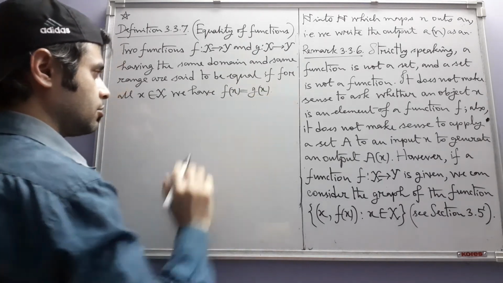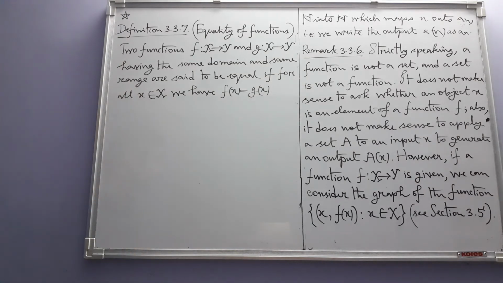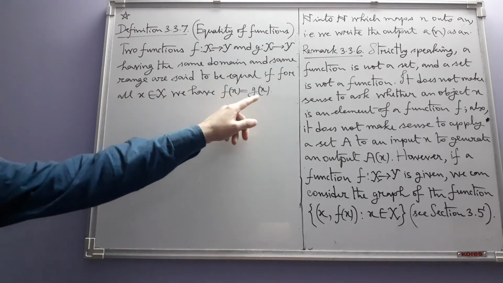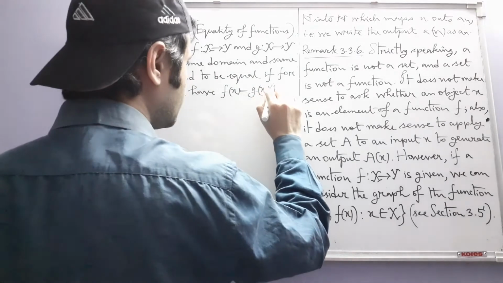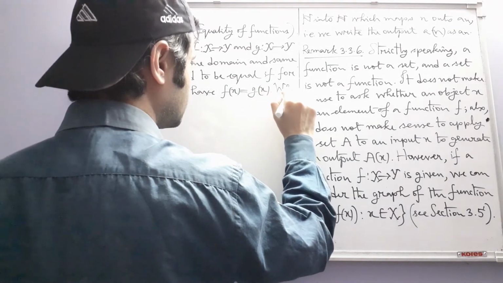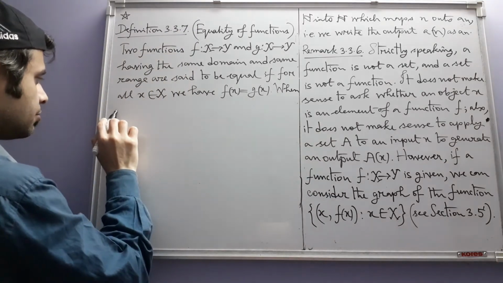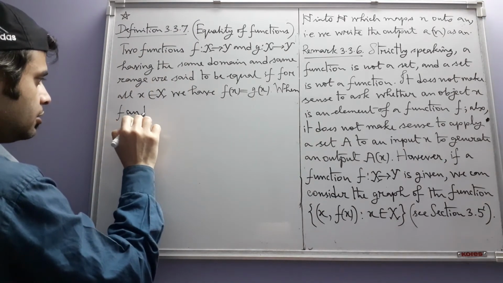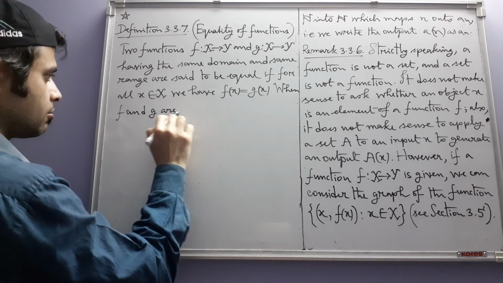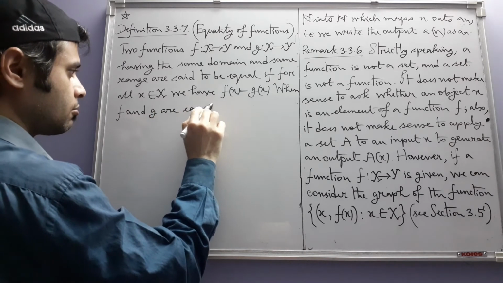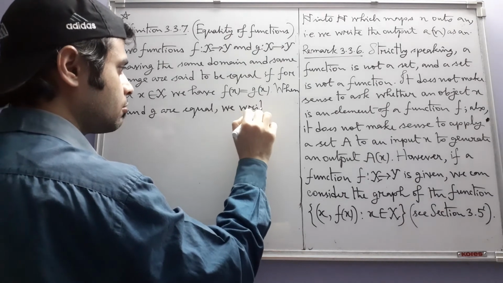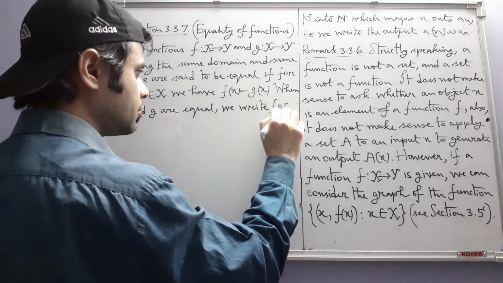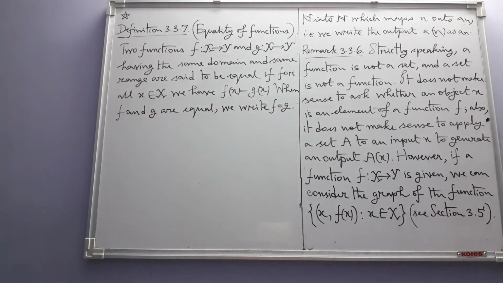That is, they not only have the same domain and range, but they do precisely the same thing to every input. They generate the same output. When f and g are equal, we write f equal to g. Okay.